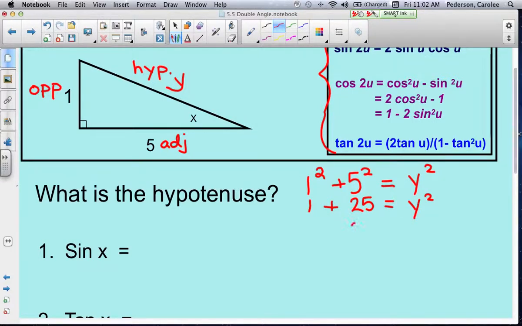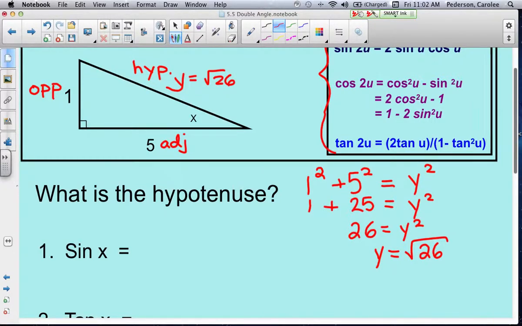Combine my terms on the left, 26 equals y squared. So y equals the square root of 26, square rooting both sides. So now let's come back up here and simplify that.